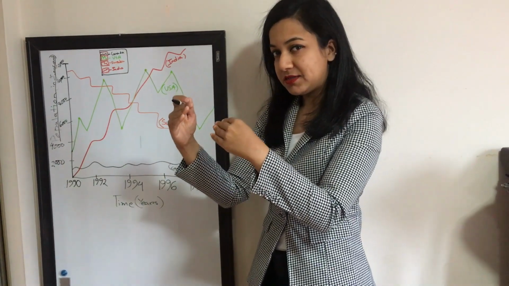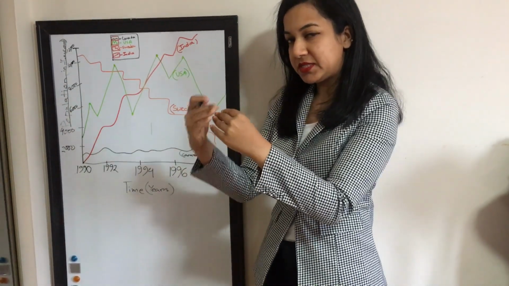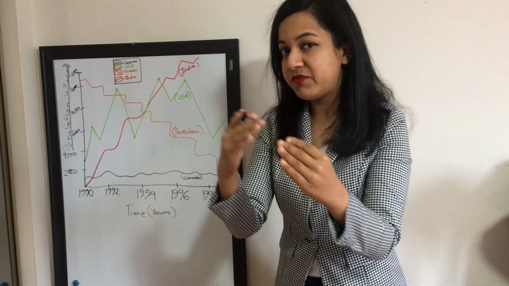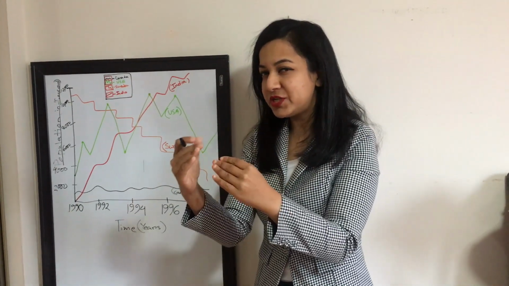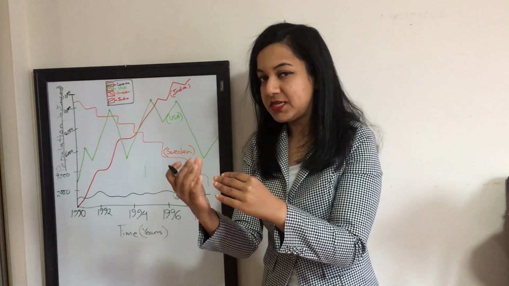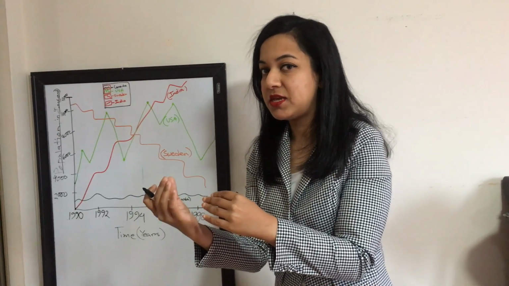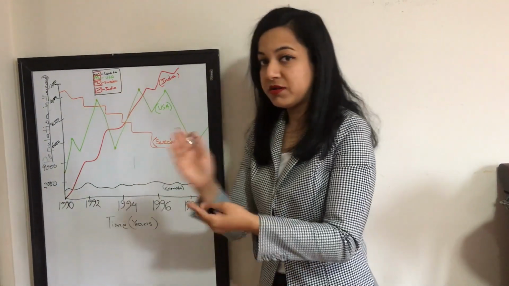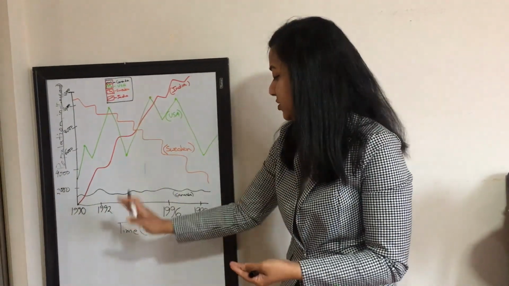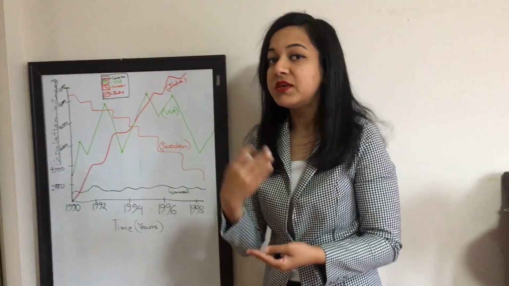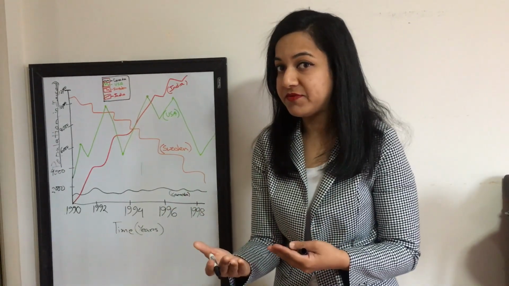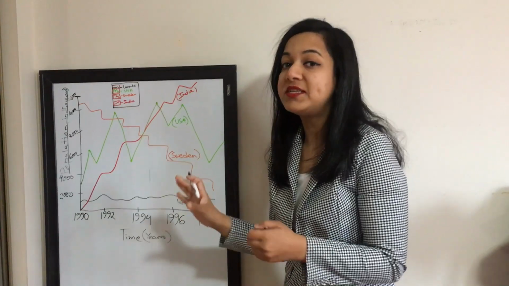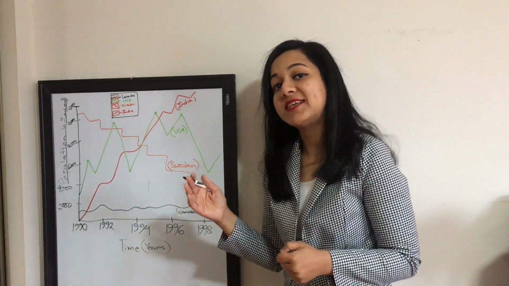When you write this graph shows, just paraphrasing in the same manner as in your question, your score could be 6.5 to 7. Whereas if you change one phrase, this graph illustrates, and also include the country names and the year range from 1990 to 1998, that will give you a better score, which is 7.5. So this is called paraphrasing and an overview opening statement for your Writing Task 1.